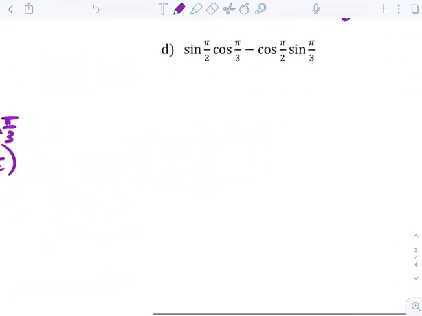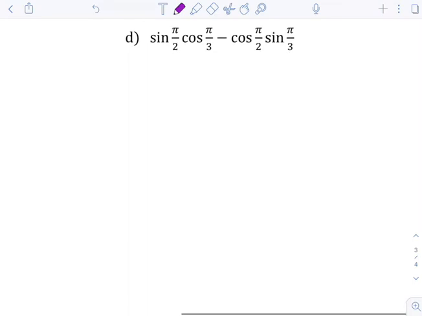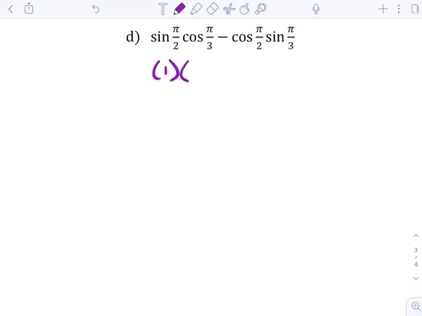All right, let's keep going here. This one we want the exact value of this equation. We know what the exact value of each of these are, so I can substitute them in. Sine of pi over 2 is 1. Cos of pi over 3 is 1 over 2.